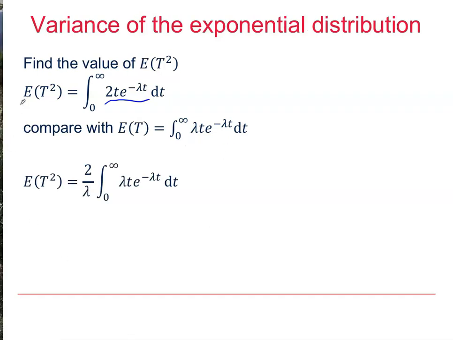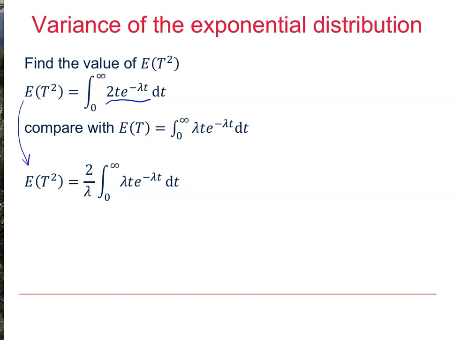So if we consider the expression we've got here for the expected value of t squared, taking t outside the bracket and then placing a lambda in the denominator of this fraction outside, we'll obviously need to put an extra lambda inside. What we can now see is that we have 2 over lambda times the expected value of t.